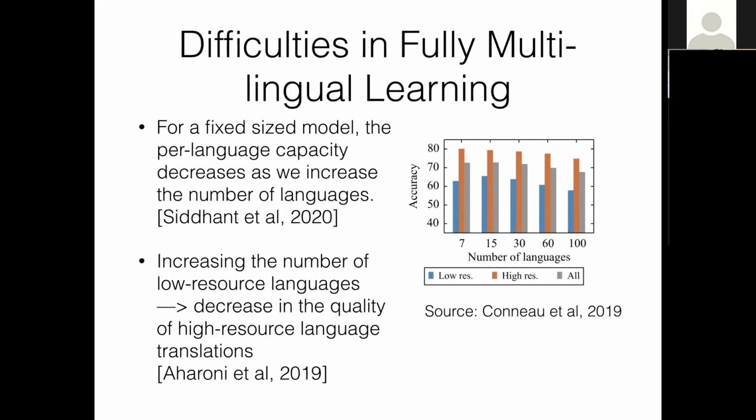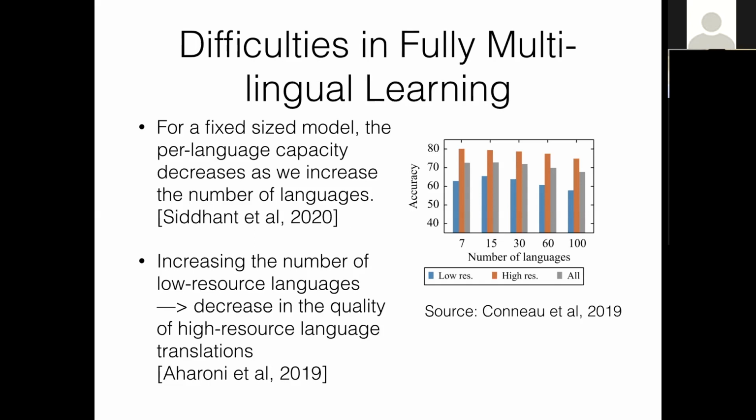If you look at the chart on the right, on the x-axis we have the number of languages used for training, and on the y-axis we have the accuracy on the XNLI task. If you look at the gray bar chart, which is the accuracy for all the languages, as you increase the number of languages, the accuracy peaks up to a point after which the performance degrades. One hypothesis is that as you increase the number of languages, there is a capacity dilution.